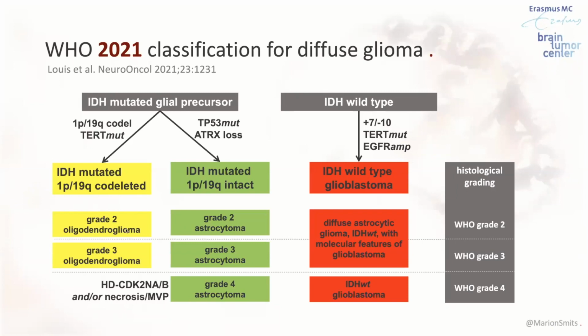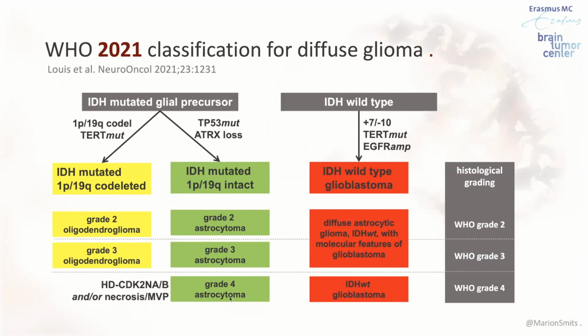So even if it doesn't look like an oligodendroglioma on histopathology, if this mutation is present, it will be an oligodendroglioma, grade 2 or 3. And if there is an Idh mutation and 1p19q is not co-deleted, so it is intact, but there are other mutations, then we're looking at astrocytoma.